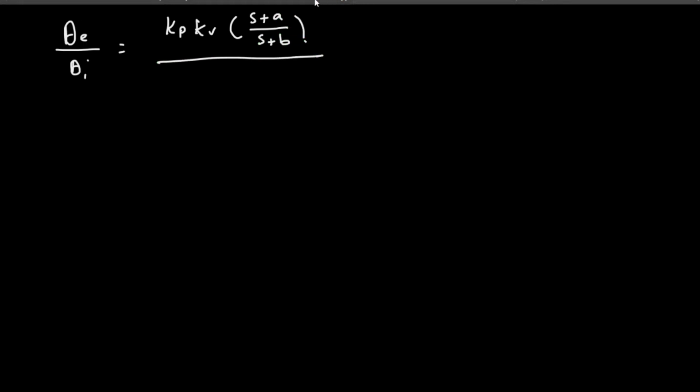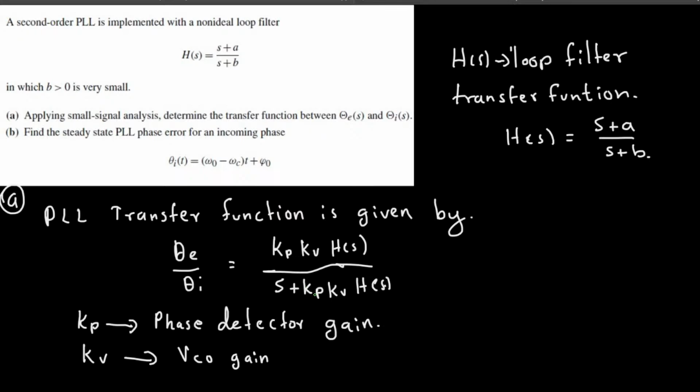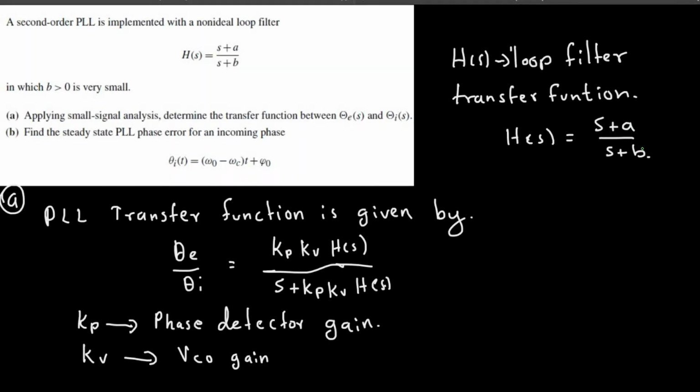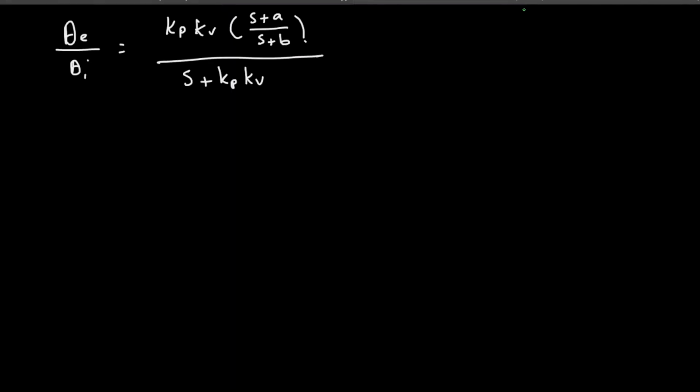And in the denominator we have s plus Kp Kv, and then instead of this h of s we plug this one right here, that is s plus a over s plus b.